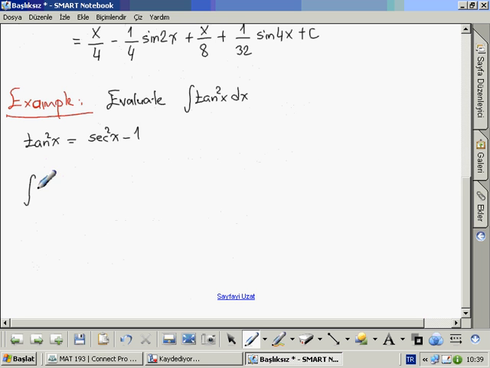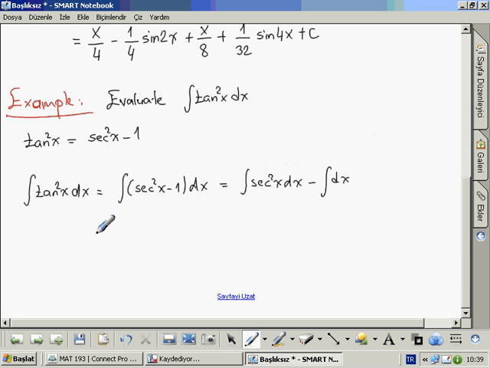So the integral of tan square x dx equals the integral of secant square x minus 1 dx, and it's equal to the integral of secant square x dx minus the integral of dx, which equals tan x minus x plus c. This is the first method.